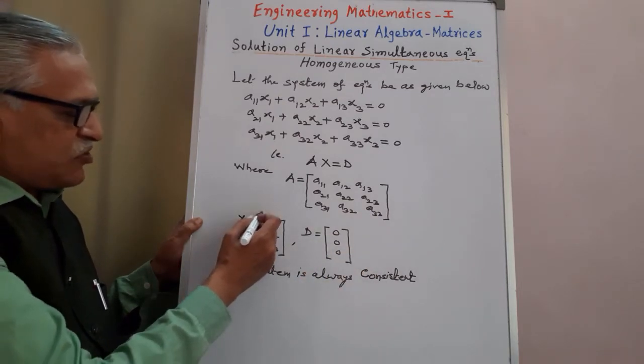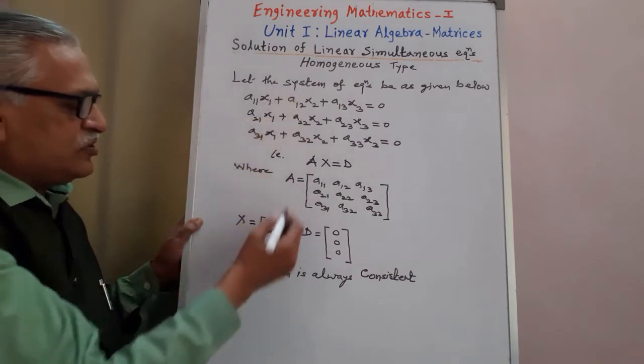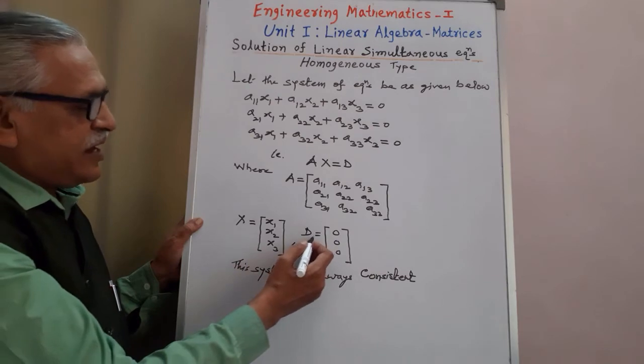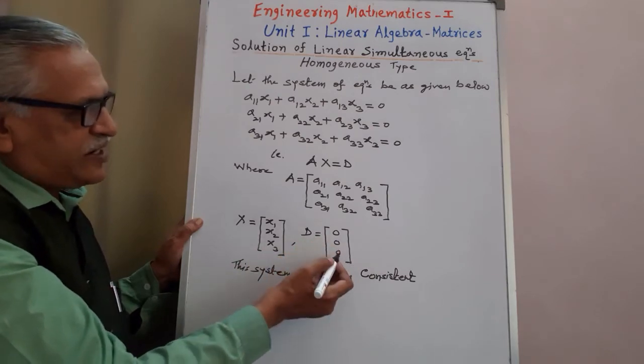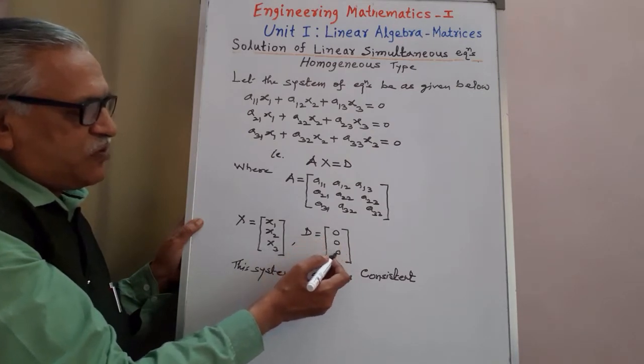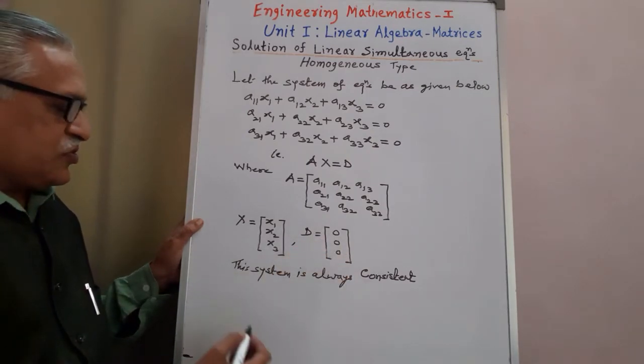Matrix X is a column matrix of unknowns, here x1, x2, x3. And in matrix D, the values on the right hand side are all equal to 0, therefore this is a 0 matrix. D is equal to 0.